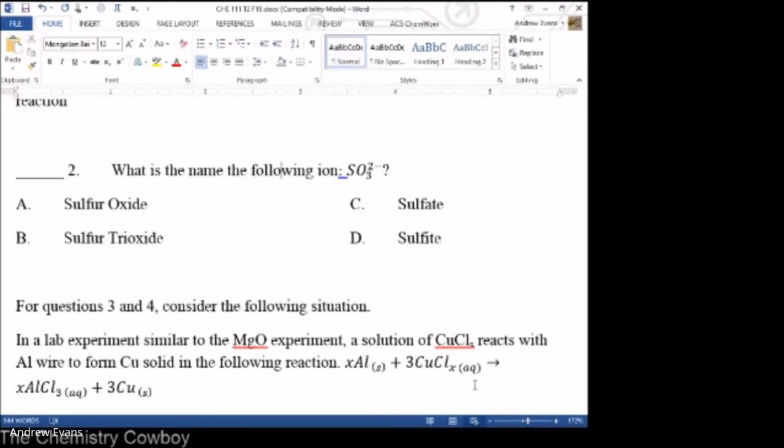Sulfate and sulfite are names of the oxyanion. So then it becomes recognizing sulfate is SO4. So SO3 must be its smaller brother, sulfite.